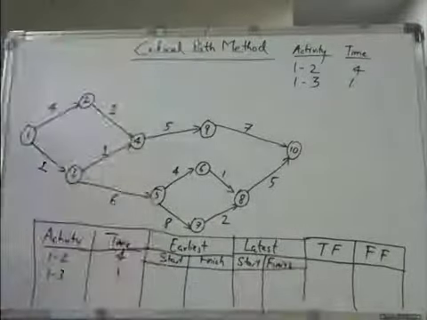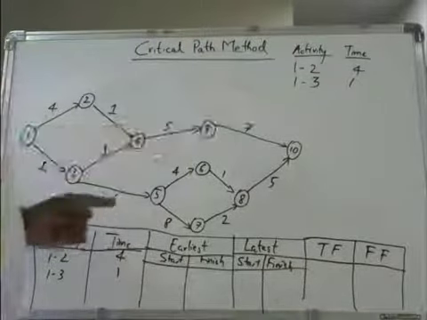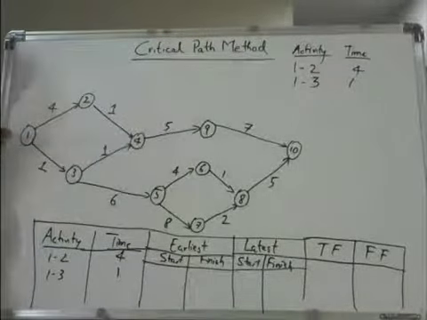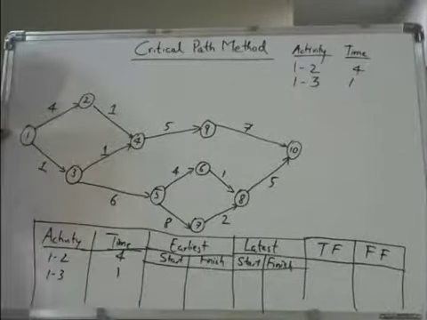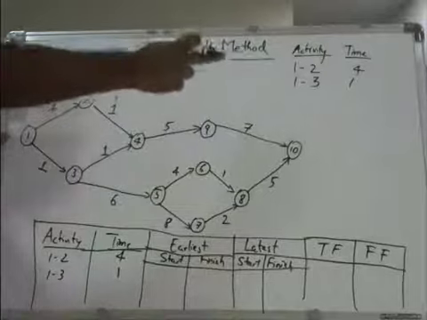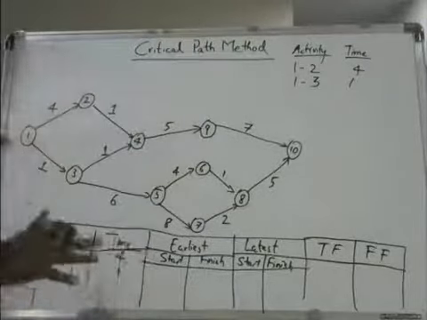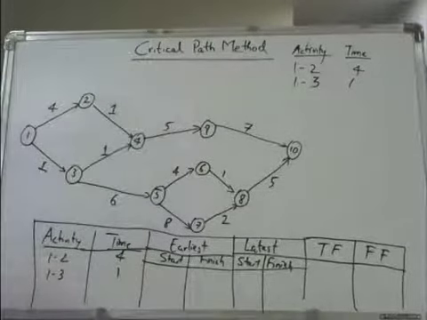Now the first point is, when we start with the activity, we need to write the earliest start and earliest finish, which I will write there for your convenience. You should be writing in this table basically.